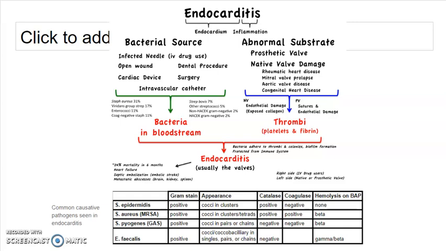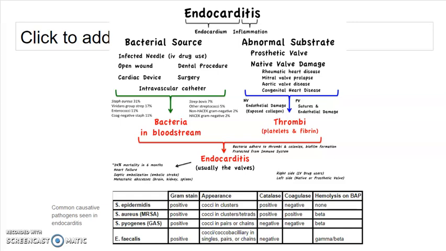So with that, the bacteria enters the bloodstream and goes to the heart and forms a biofilm, and that creates the endocarditis. So endocarditis really is an inflammation of the endocardium, the inner lining of the heart and heart valves.